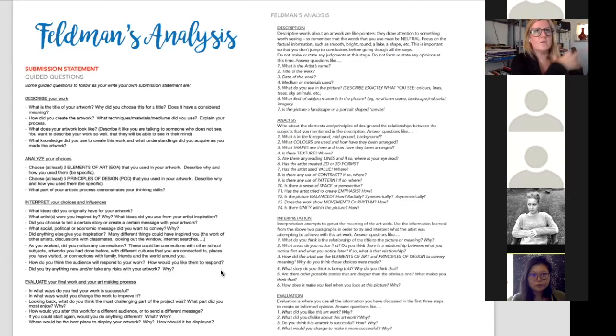You don't know the other ideas that they were considering that they didn't include. So if they can explain their artwork to you, it will help you to assess it more holistically for them, and it will help you to understand their process more. So if they do get into the habit of doing the submission statement in the earlier years, it becomes very easy for them to get into that habit of talking about their work.